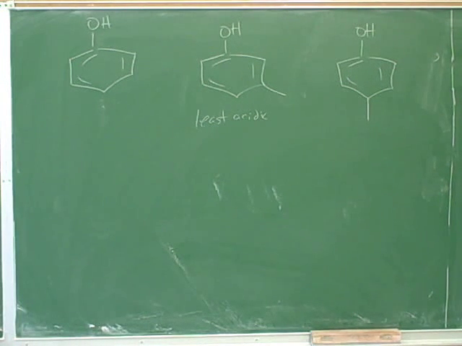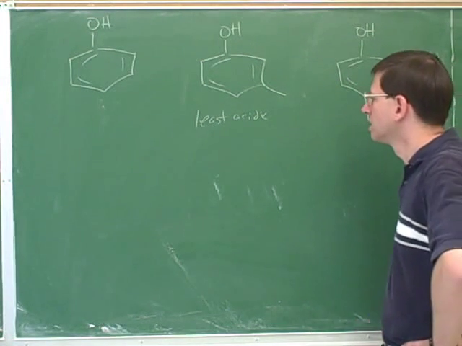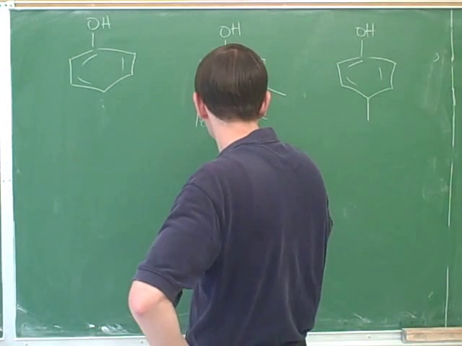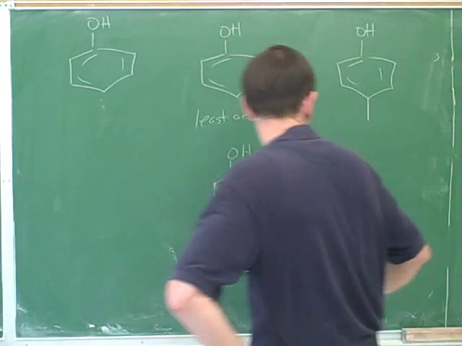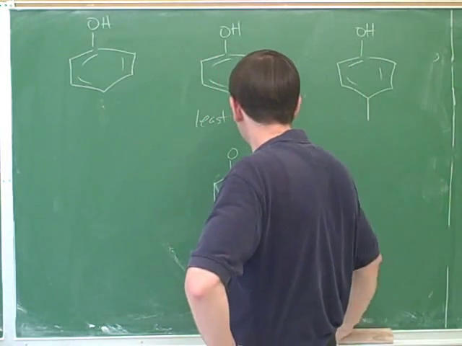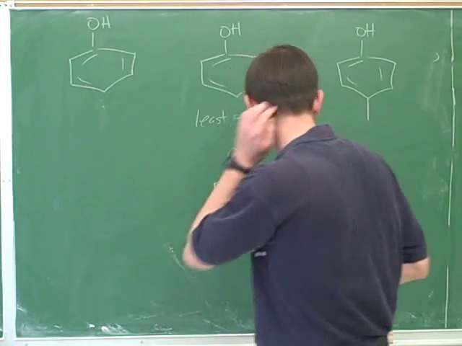Well, because on the OH with the methyl in the P position, that's where you're going to find your negative charge anyways in your O and P position. And when you have something there that's electron donating, you're just amplifying it.